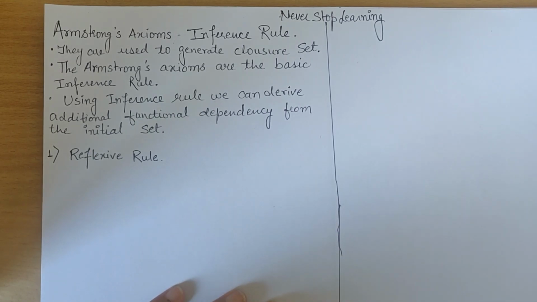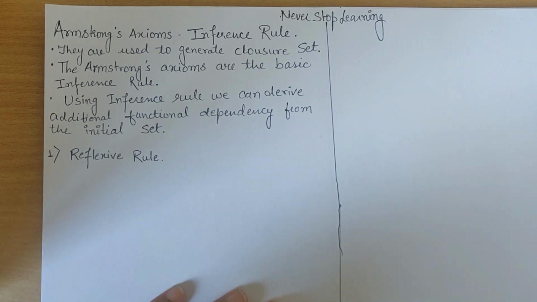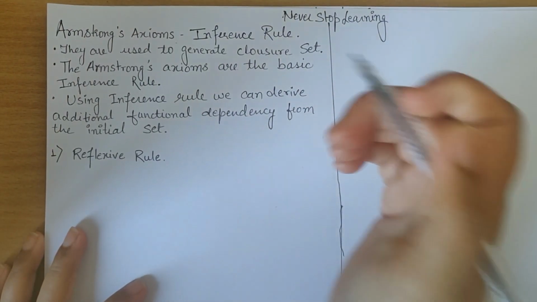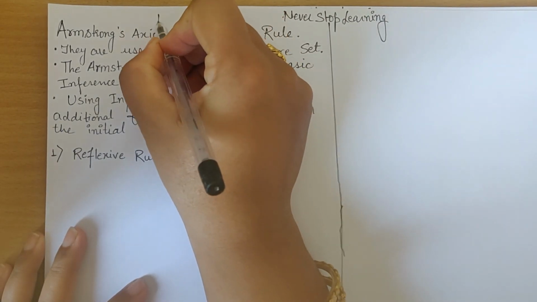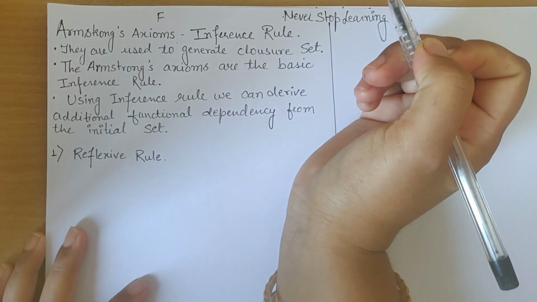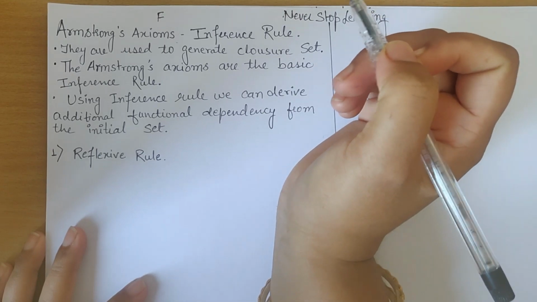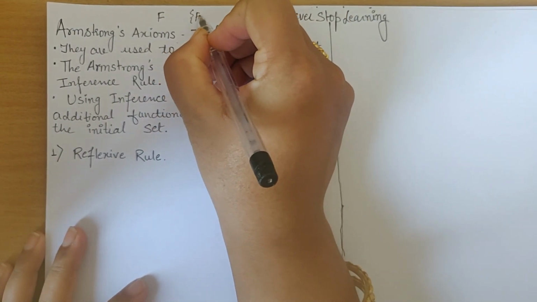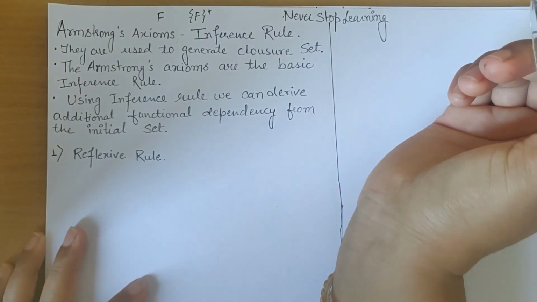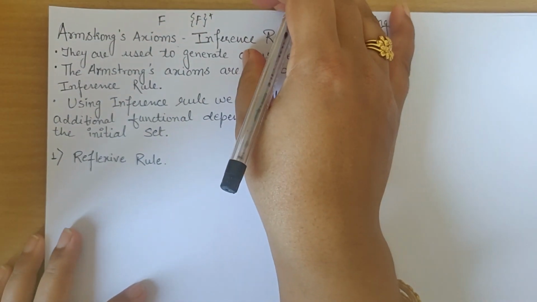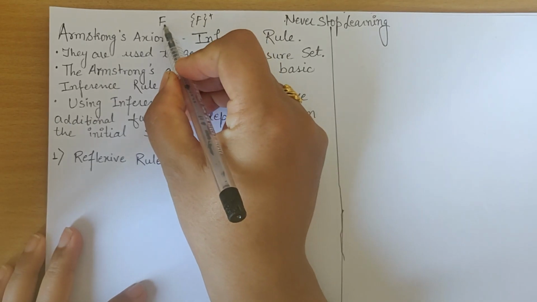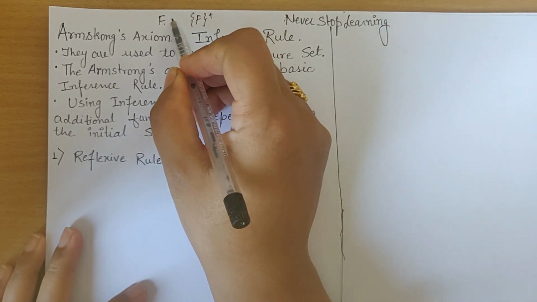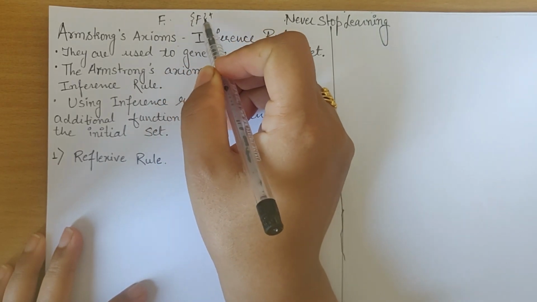Consider that we have a set of functional dependencies, let us suppose F. Then the closure of this F will be denoted with a plus in the superscript, so the closure of F will be F plus.